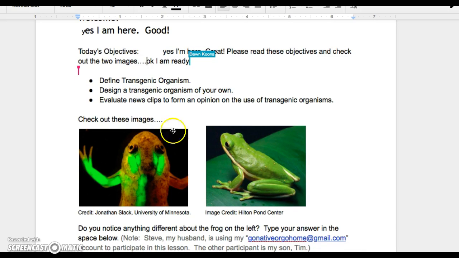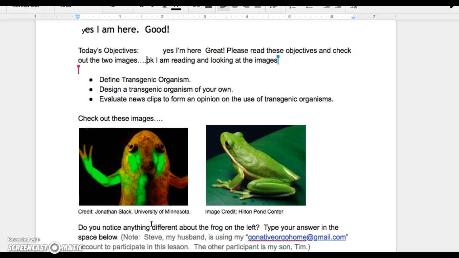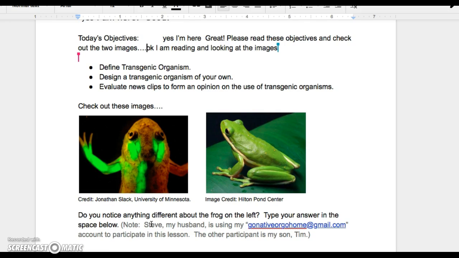And I'm asking them to check out these two images of these two frogs. Do you notice anything different about the frog on the left? And to type your answer. That's my husband up there telling me exactly what he's doing.